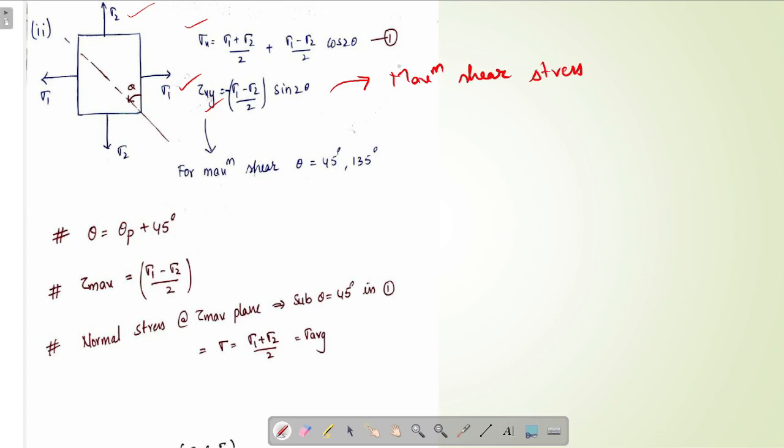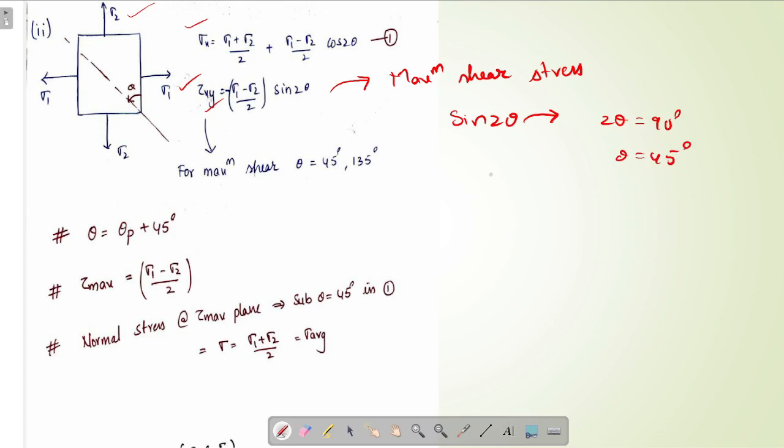For finding maximum shear stress, we know that tau at a particular angle theta is given by this formula. For this to be maximum, we have to maximize sin 2 theta. For sin 2 theta to be maximum, 2 theta must be 90 degrees. So, theta must be 45 degrees.